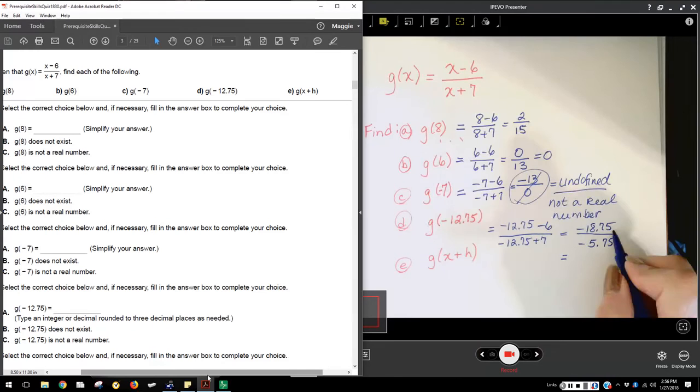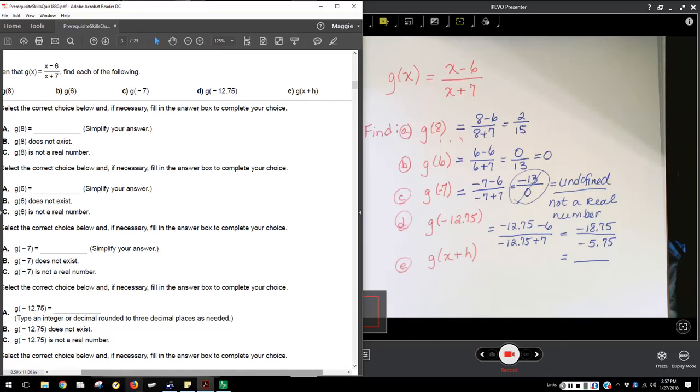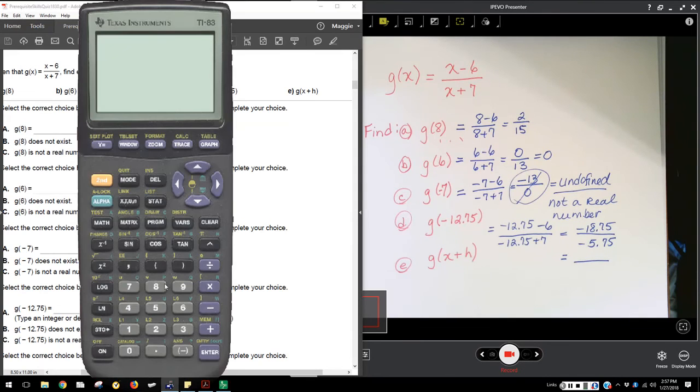And in this case, I can reduce the fraction. Negative over negative is going to give me a positive answer. And it looks to me like I can divide both of those by 25. So I'm going to try that.